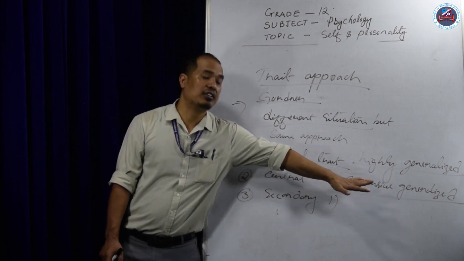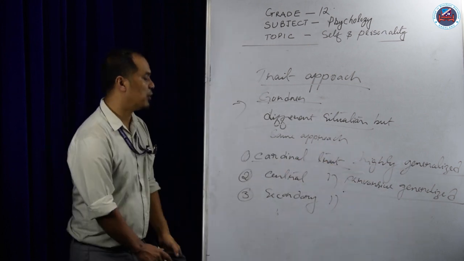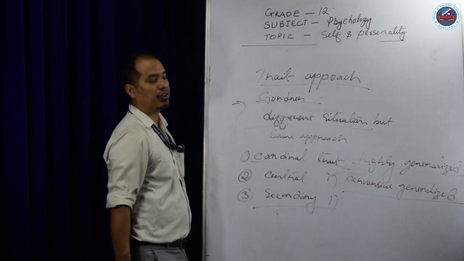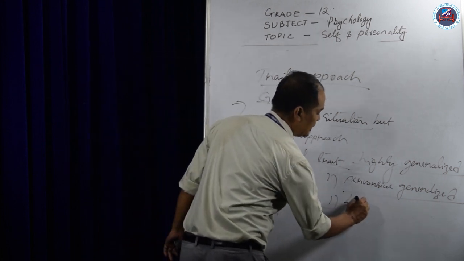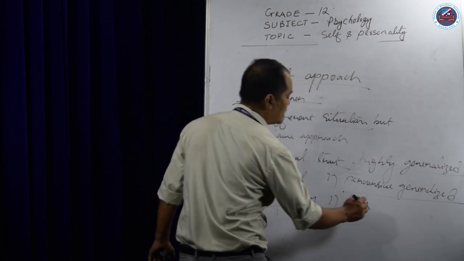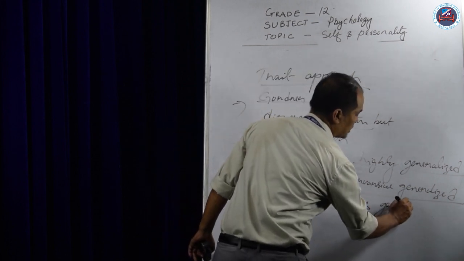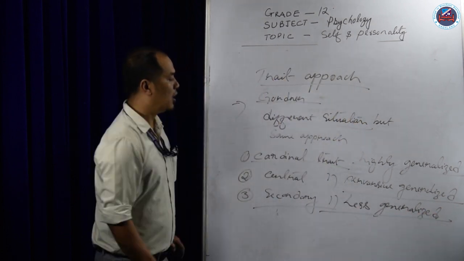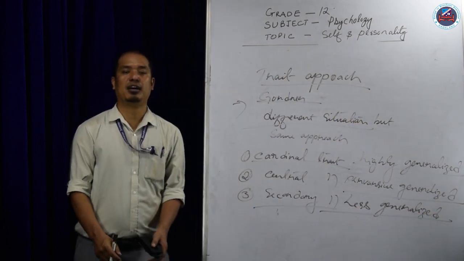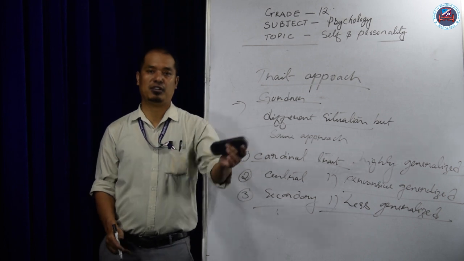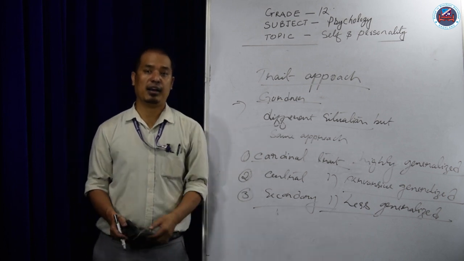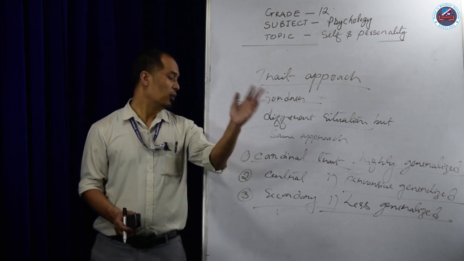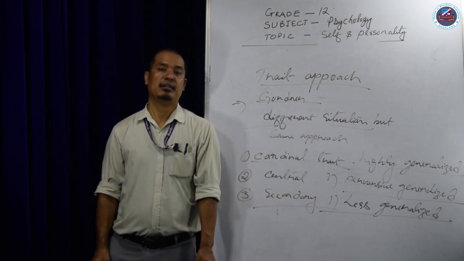That's why it's called pervasive, generalized. The last one is called secondary trait. Secondary trait is the least generalized. For example, when you are writing a recommendation for someone, or suppose you go for higher studies and the school gives you a character certificate, those are called secondary traits.